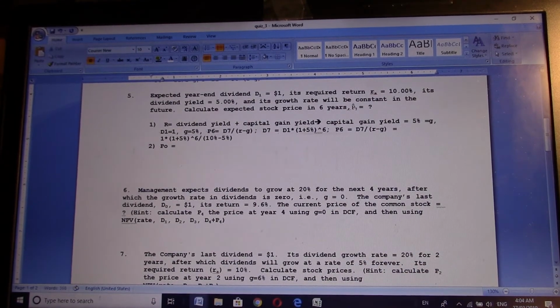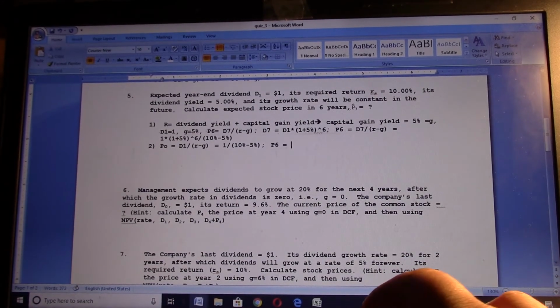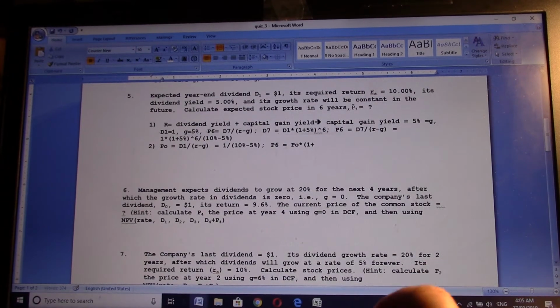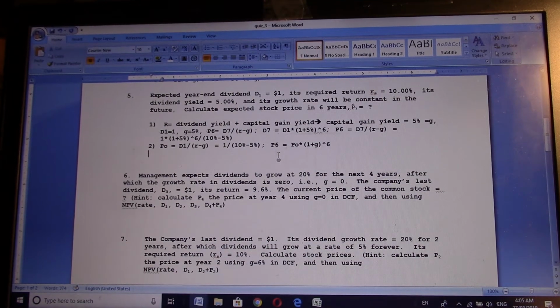P0 equals D1 over R minus G, so equals 1 over 10% minus G. Okay, so this is P0, and P6 just equals P0 increased at the rate of G for 6 years. So you got the P0 from this equation, and G is 5%. With the power of 6, that should give you the P6.